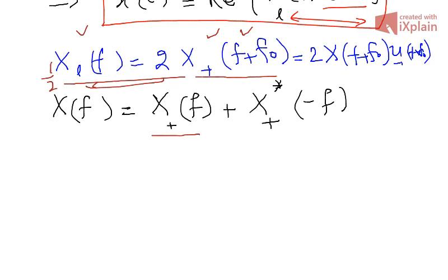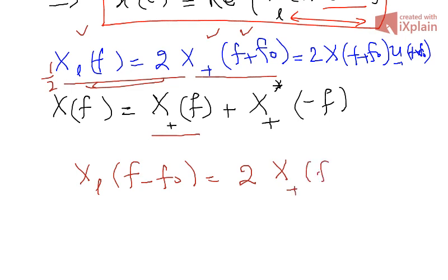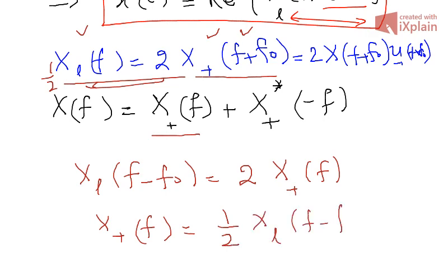Now see, if I delay X_l(f) by f naught, what would I get? I would get 2 times X positive of f. From here I can say that my X positive of f is half X_l(f minus f naught).